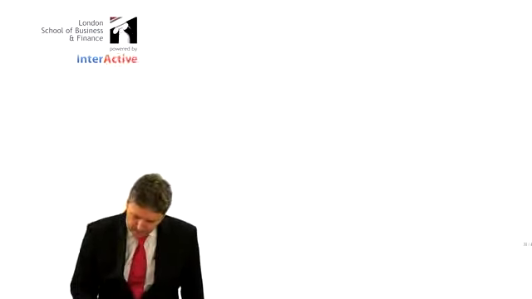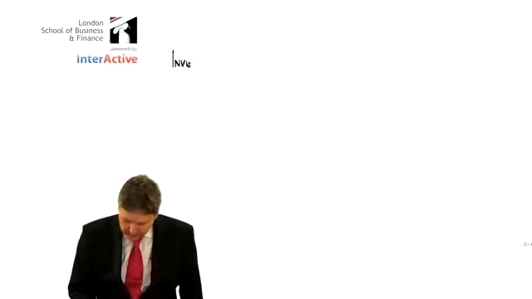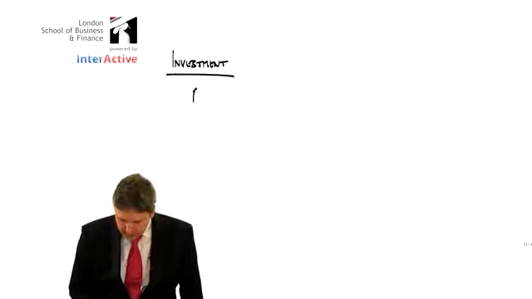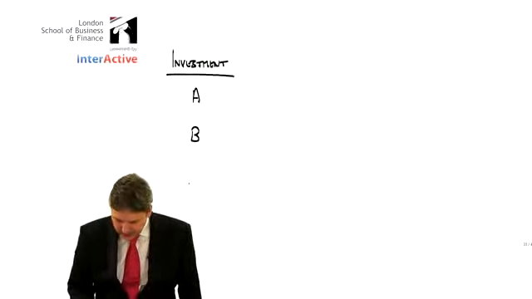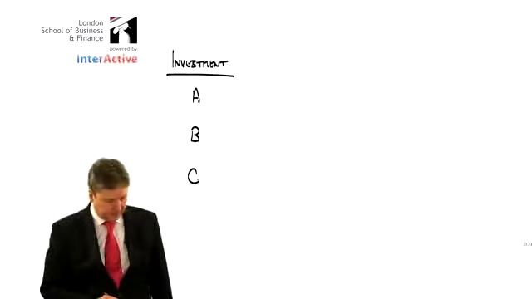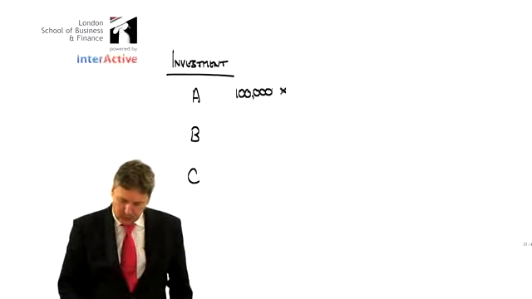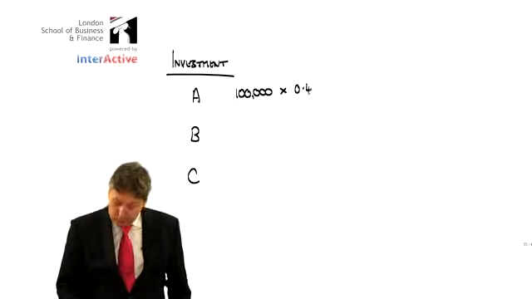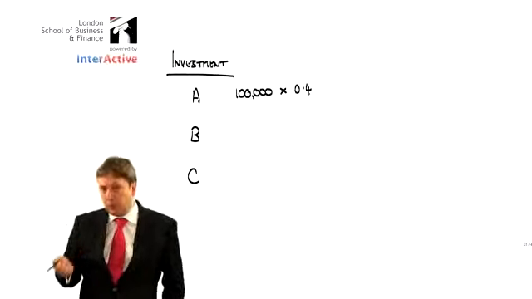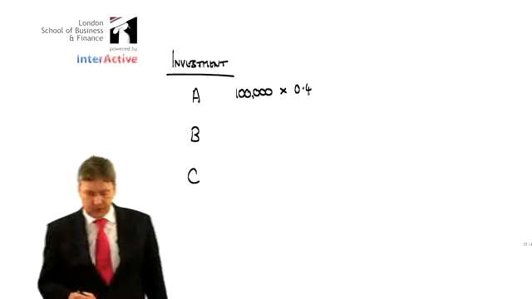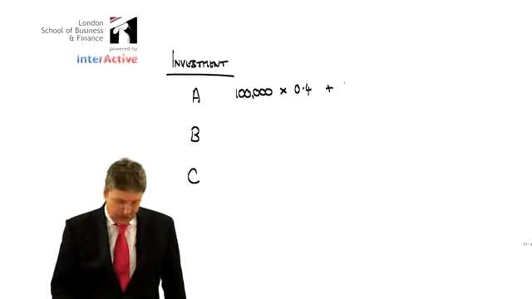Therefore, let's look at the investments A, B and C. Investment A, we have 100,000 multiplied by 0.4. Remember, a 40% or 0.4 chance of success, together with minus 40,000.